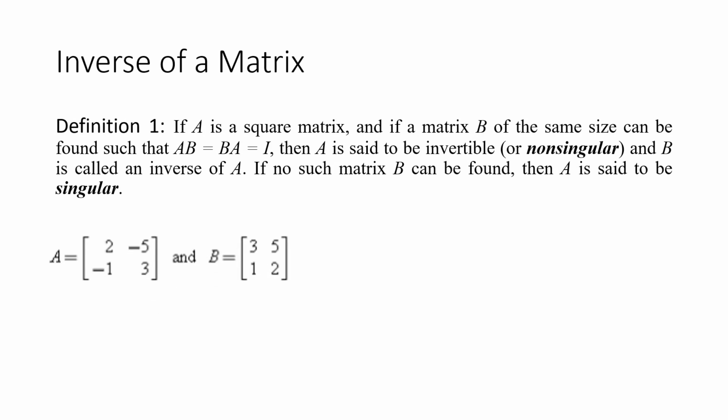Let's have an example. Let you have matrix A: 2, negative 1, negative 5, 3, and B: 3, 1, 5, 2.